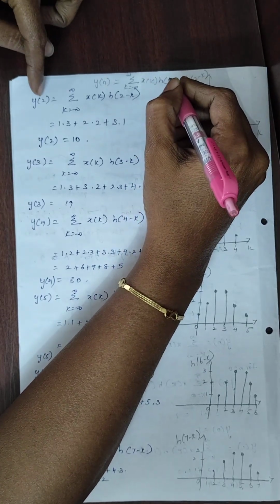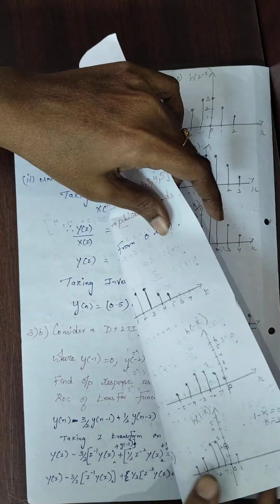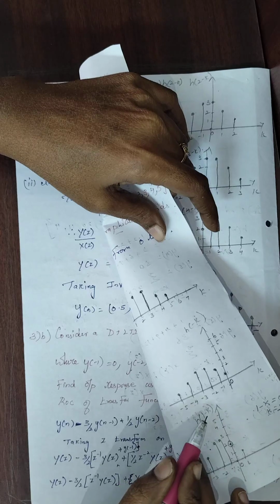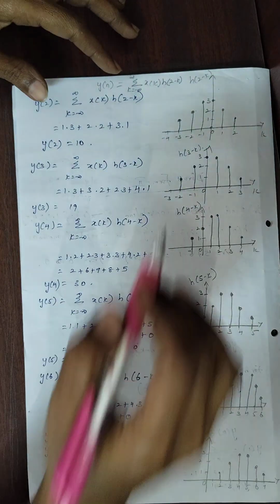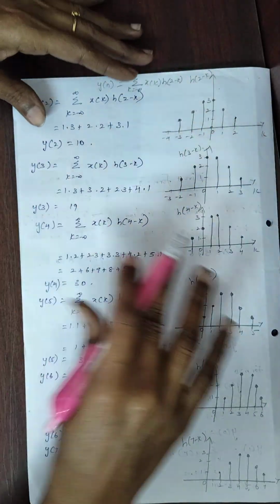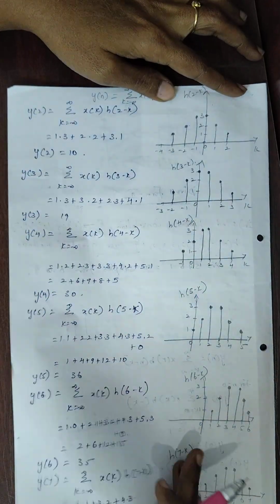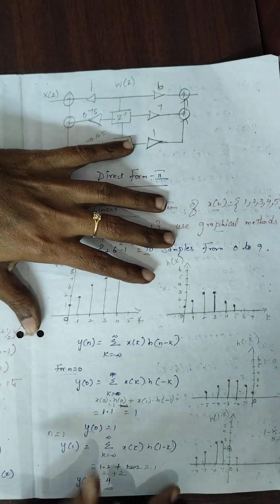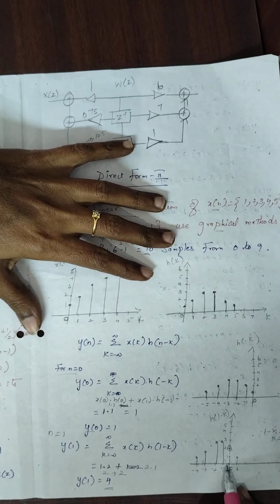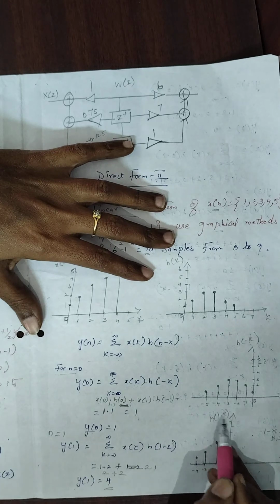Here n is 2, so 2 minus k. In 1 minus k we had 1 time shifting. Here 2 minus k means 2 times shifting in the positive side. So from here it is 1 time shifting, and again 1 time shifting means we have h of 2 minus k.